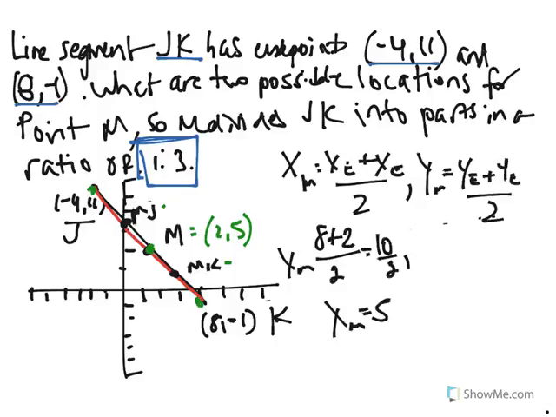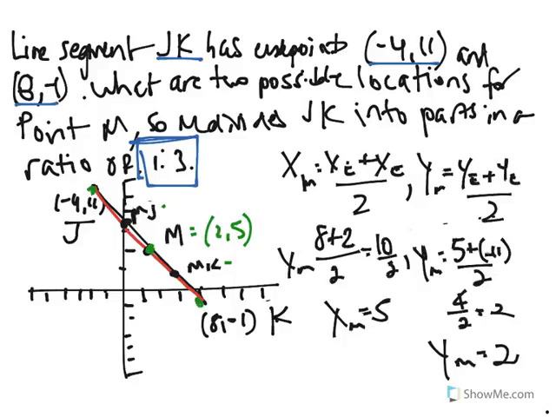And then ym equals 5 plus -1 over 2, 4 over 2 equals 2, so ym equals 2. So the midpoint of MK is going to be (5, 2).